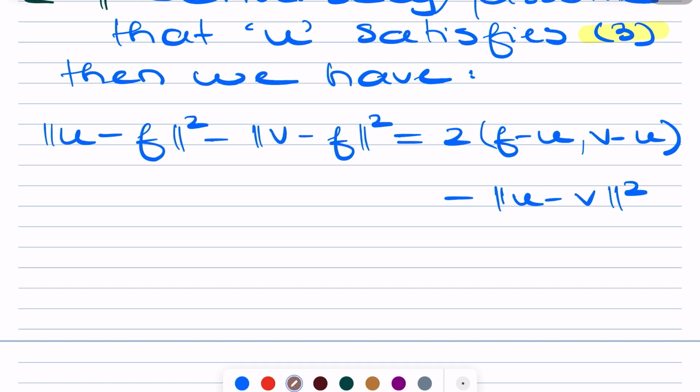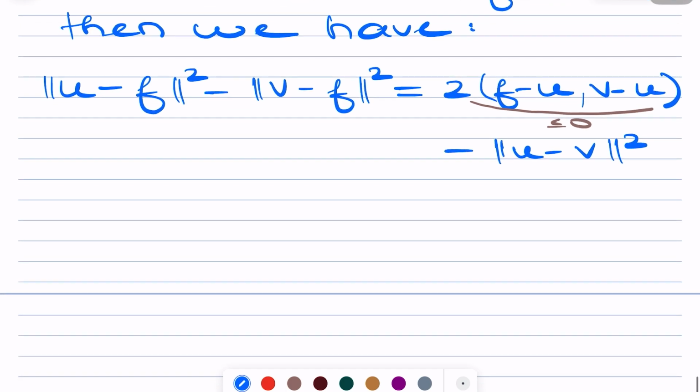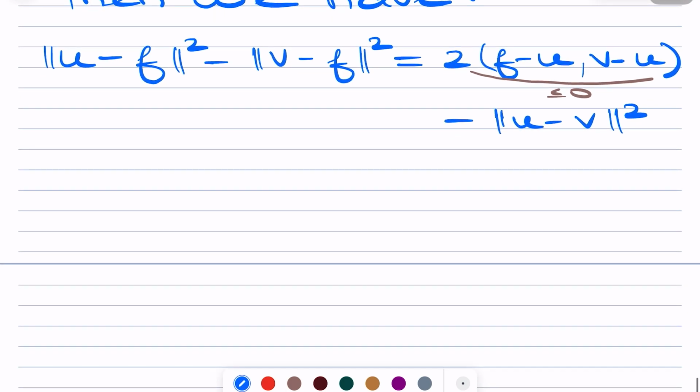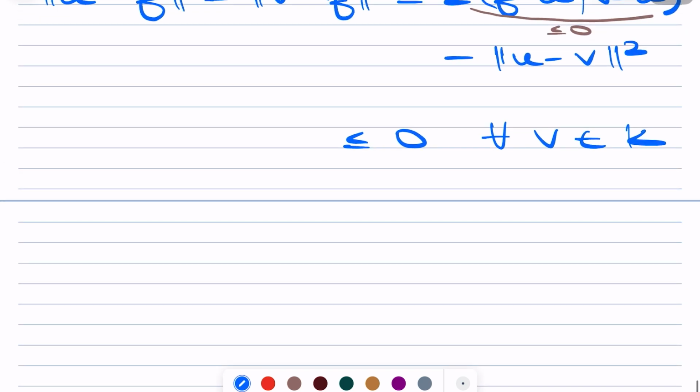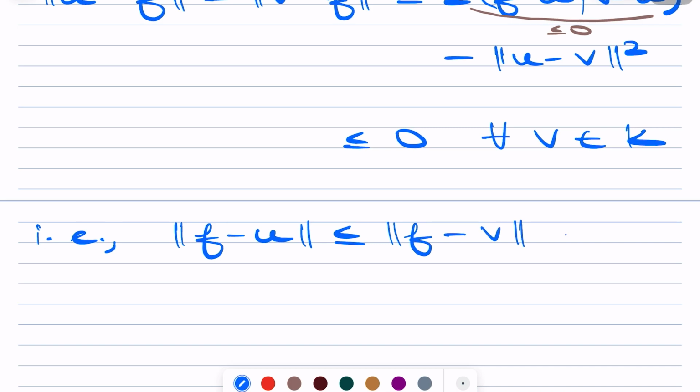But by assumption, this is actually less or equal than 0 for every v in K. So this means that the norm of u minus f, or you can reverse it even if you want, norm of f minus u, is less or equal. I mean, you can also kind of take the square root of both sides of the inequality, so you get the norm of f minus u is less or equal than the norm of f minus v, of course, for every v in K, right?